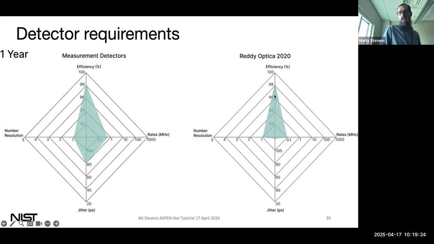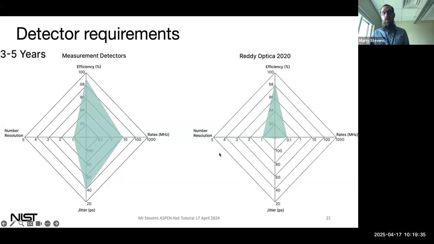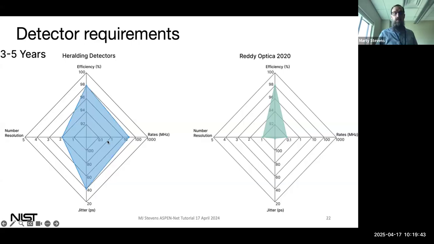But we think with slightly different versions that have a smaller meander, we can get back to this same high efficiency and also match the rate and jitter. And of course, when we look 3 to 5 years in the future, we're going to need to bump that efficiency up even a little higher, and then really make substantial progress on rates and timing jitter.